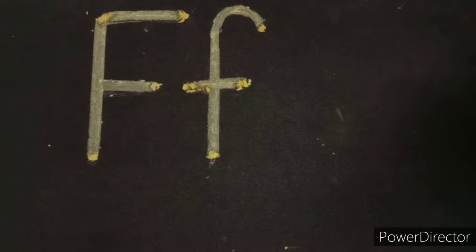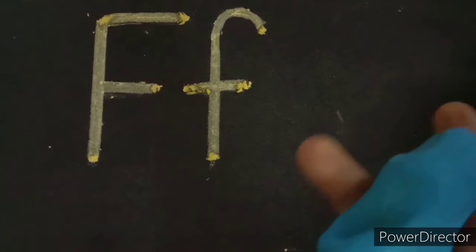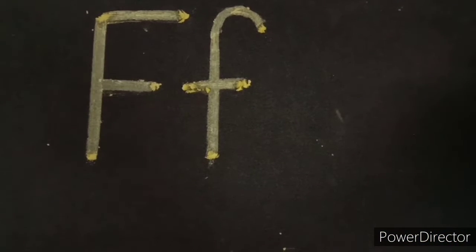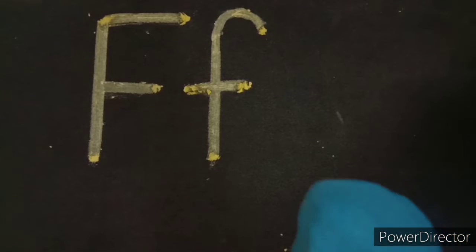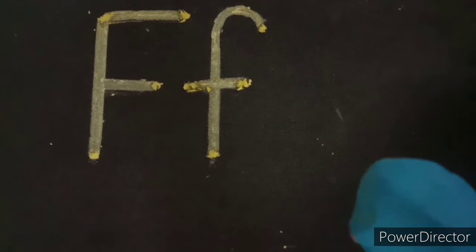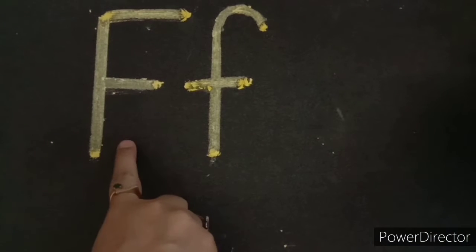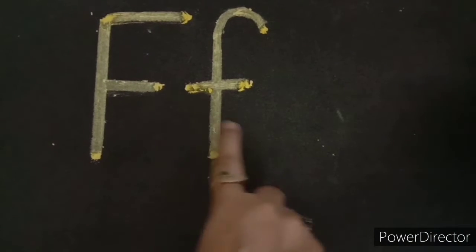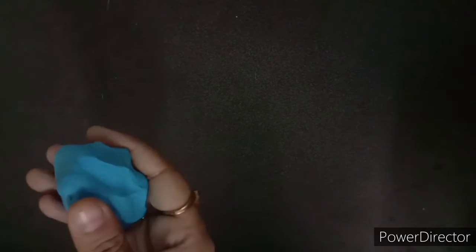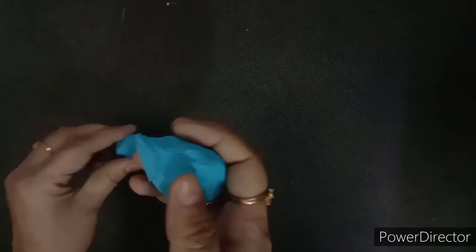Now we will do an activity using clay. So we are going to make alphabet F using this clay. Mama F, baby F. Now let's start making alphabet F using this clay. Now I'll take some small portions of this clay.